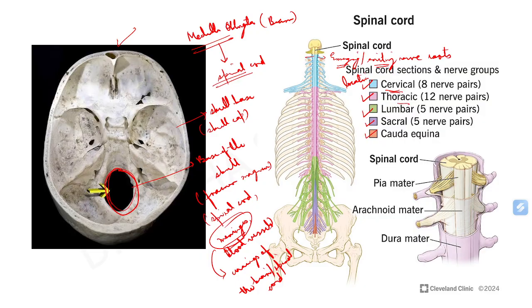And lastly, they end in the cauda equina. So there are 8 pairs of cervical spinal nerves, 12 pairs of thoracic spinal nerves, 5 pairs of lumbar spinal nerves, 5 pairs of sacral spinal nerves, and lastly ending as cauda equina.